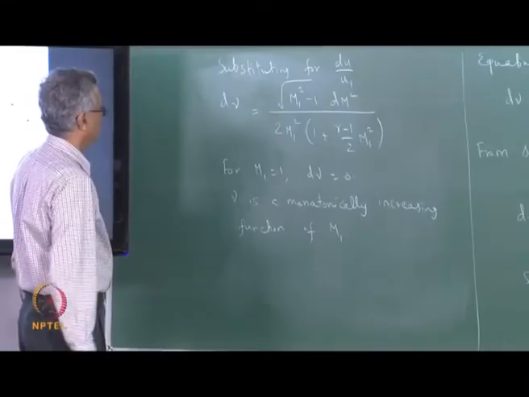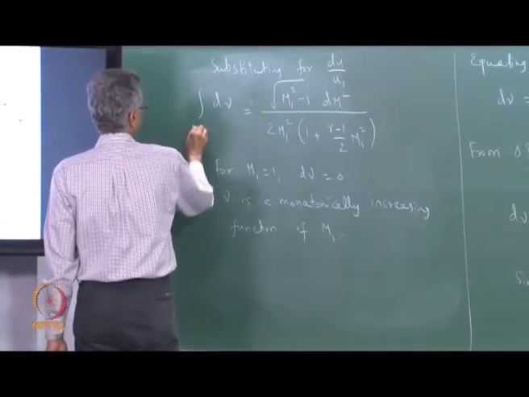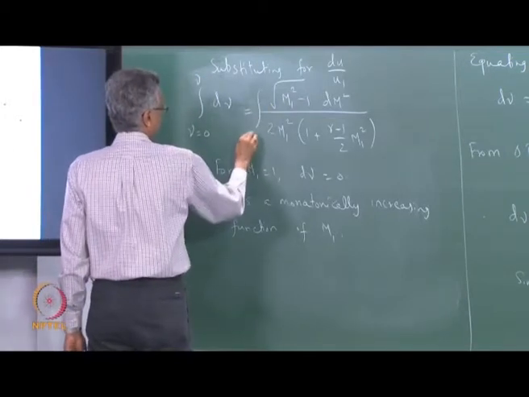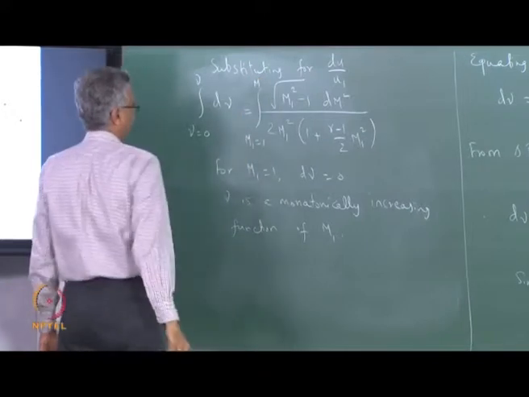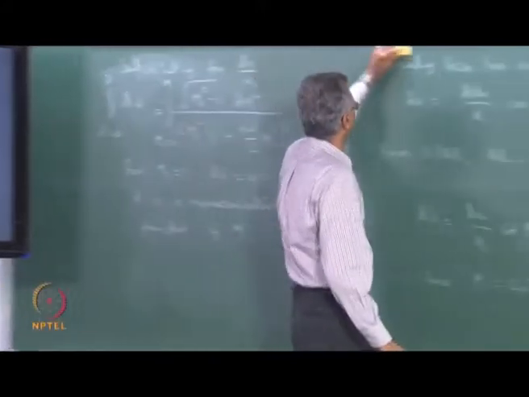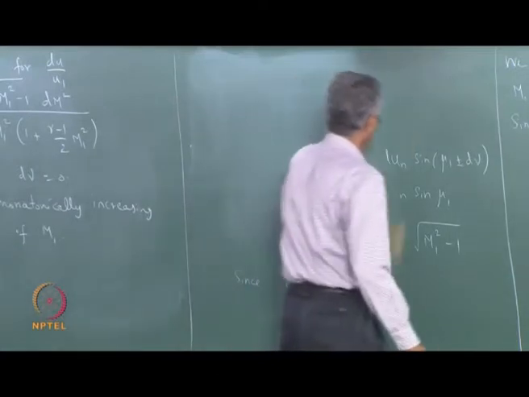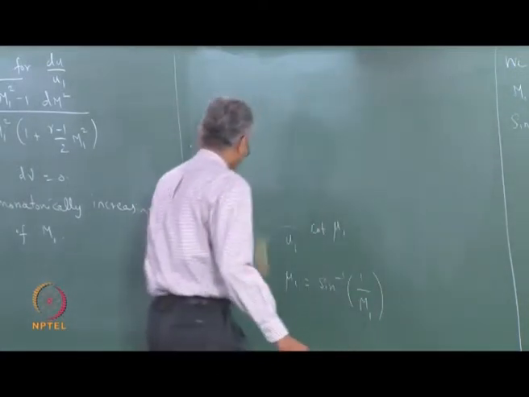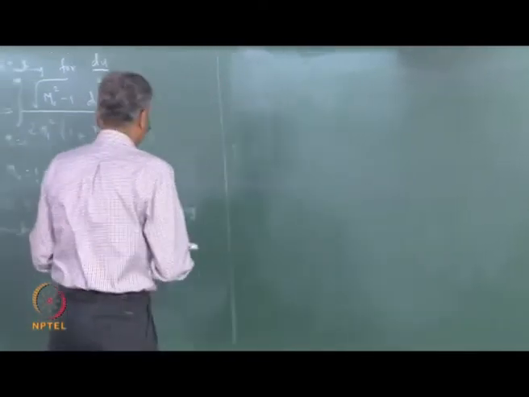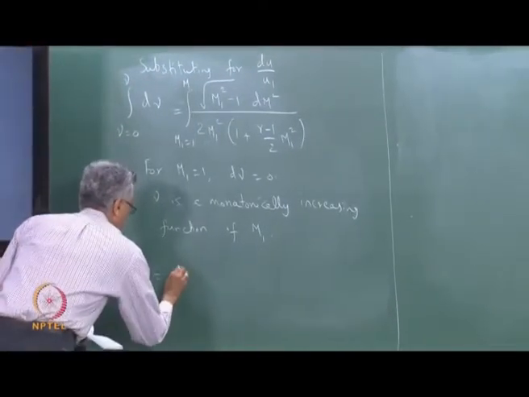I can integrate both sides, from say nu equal to 0 to some value of nu, and on the other side from M1 equal to 1 to some M. So if I do that, what do I get? I get the following messy looking expression.